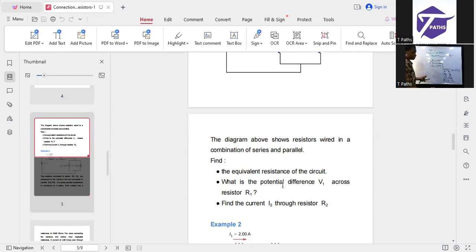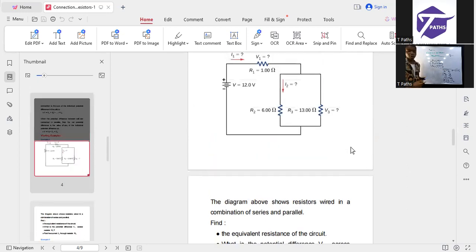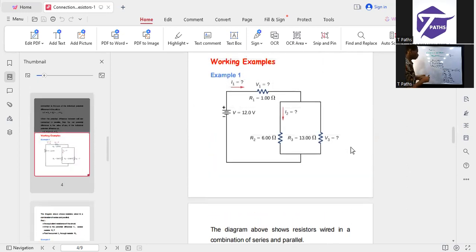So now I want to find the potential difference V1 across resistor R1. You can see in the diagram there's V1 with a question mark in front of it. First thing, the source of my voltage is 12 volts. That's capital V equals 12 volts.